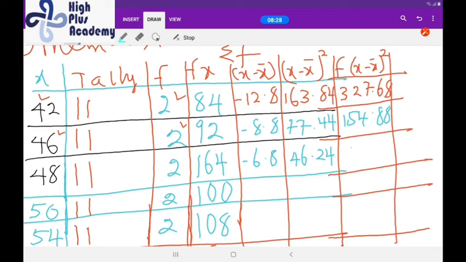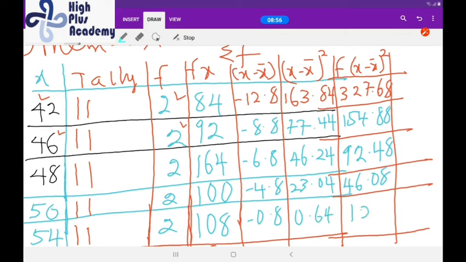Statistics questions are usually very simple. Go for it. Then we have minus 4.8. When you square, you get 23.04. Then we have 46.08. Then we have minus 0.8. We have 0.64. We have 1.28.